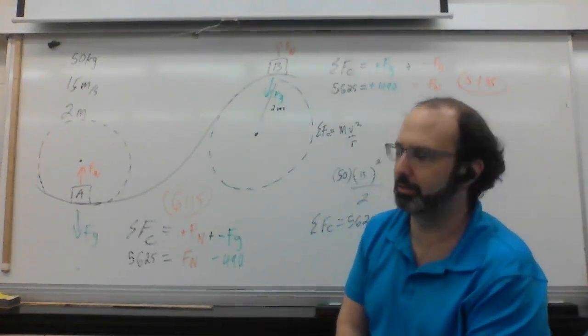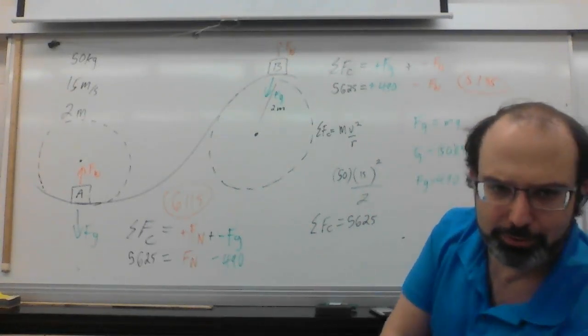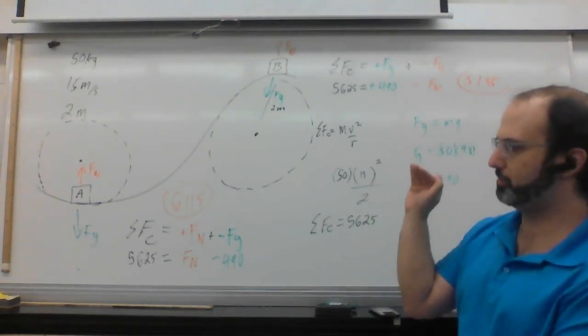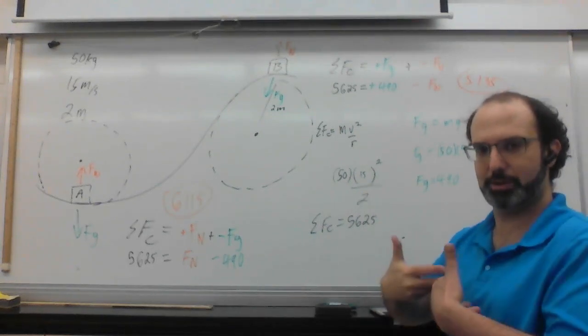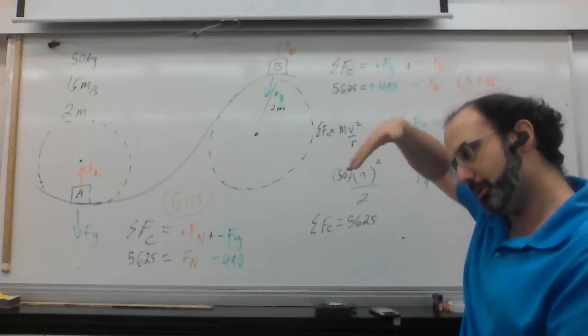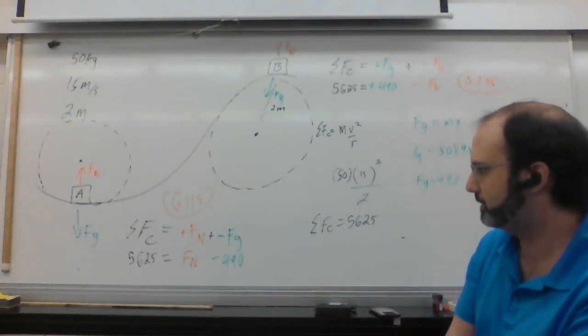So what does this mean? Well, think about if you've ever been on a roller coaster. When you're at the top of the hill and you're going over the hill, your stomach rises up into your throat, right? You get this like whoa feeling as you're going up. And then when you come down, it's like you get pushed into the chair. Well, take a look.